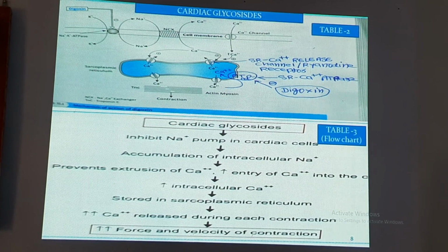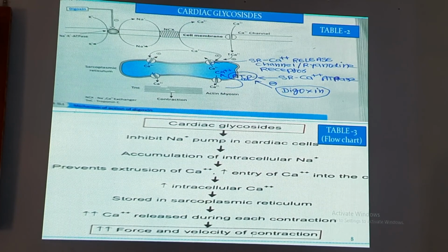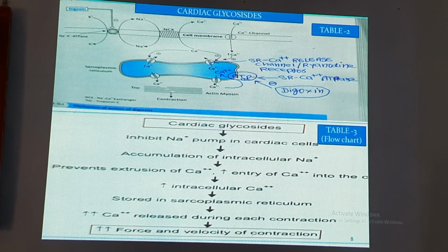Now coming to the flow chart in the lower part: cardiac glycosides inhibit the sodium pump in cardiac cells, leading to accumulation of intracellular sodium ions, which prevents efflux of calcium ion from the cell.